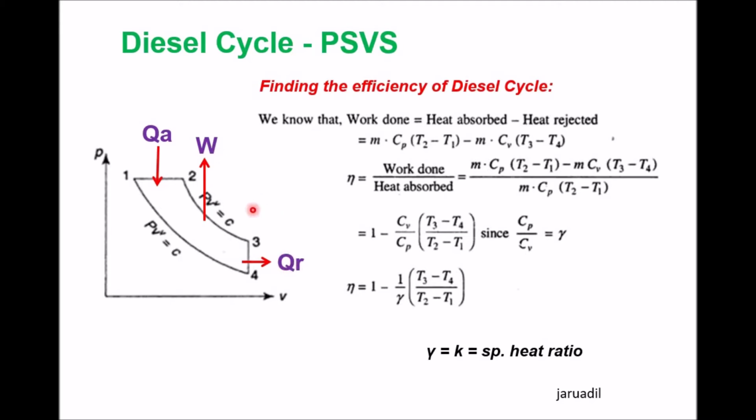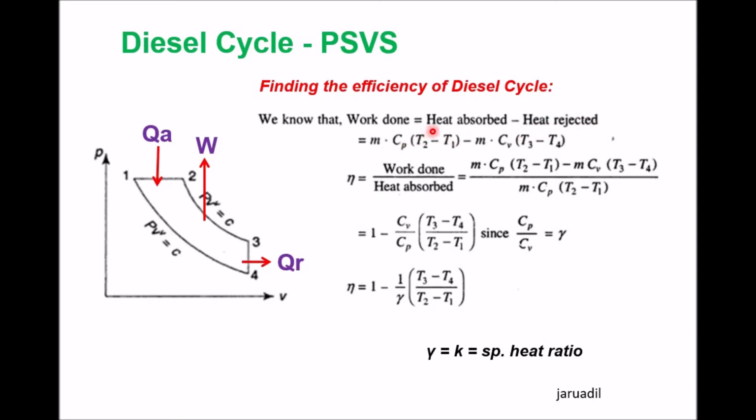So QA is equal to work plus QR, or work done is equal to QA minus QR. That's why work done is equal to heat absorbed QA minus heat rejected QR.